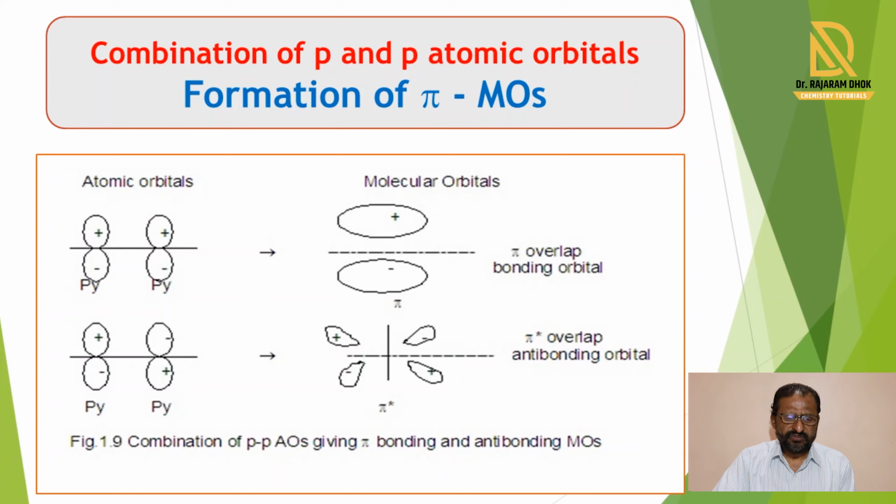When there is combination of pz and pz, then for simplification, we can simply note pi pz and pi star pz. So in this way, by combination of p and p atomic orbitals, 2 pi bonds are formed. Out of that, one is pi py and the other is pi pz, and the opposite antibonding pi bonds are also formed.